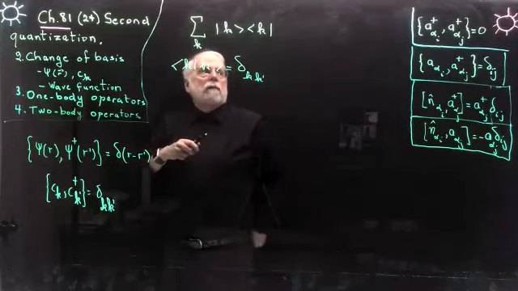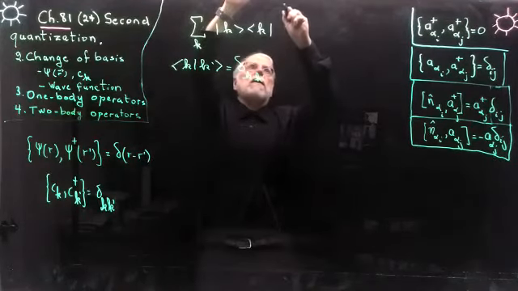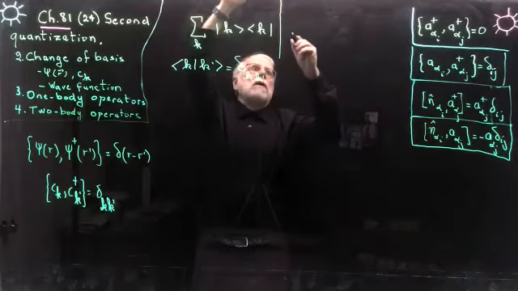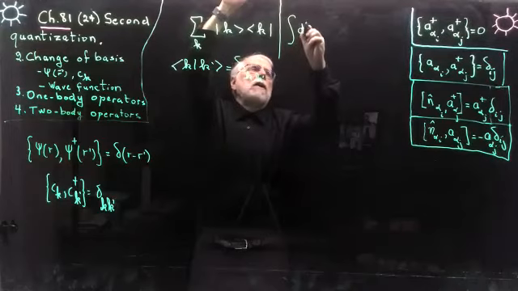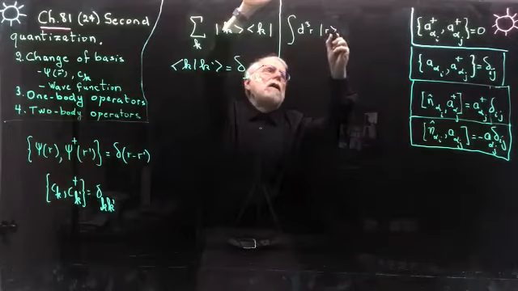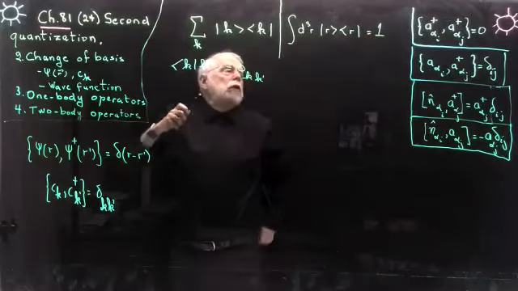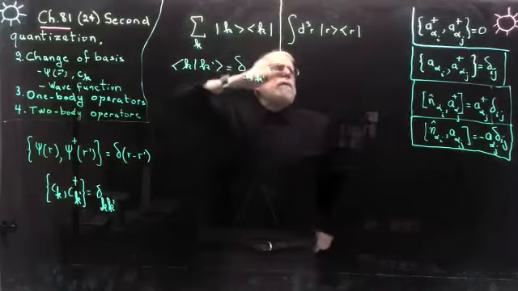Now, let's look at the position states with the psi dagger. Then the closure relation is that the integral d cube r of |r><r| is equal to 1. To show this, let us multiply by |r prime>.